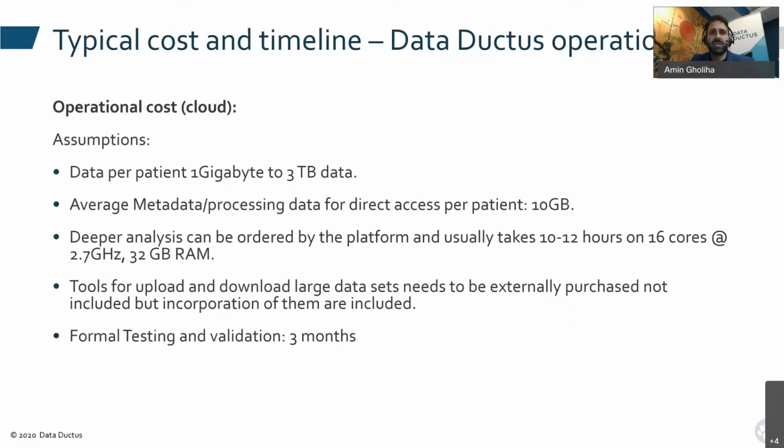An average metadata processing for direct access per patient is 10 gigabytes. That needs to exist in the cloud so that you can access it immediately. And deeper analysis can be ordered by the platform, which takes 10 to 12 hours on 16 cores.